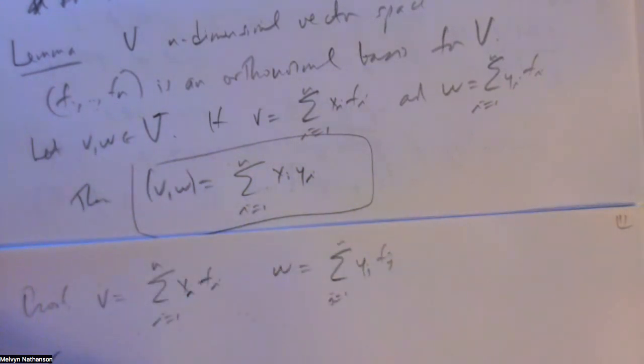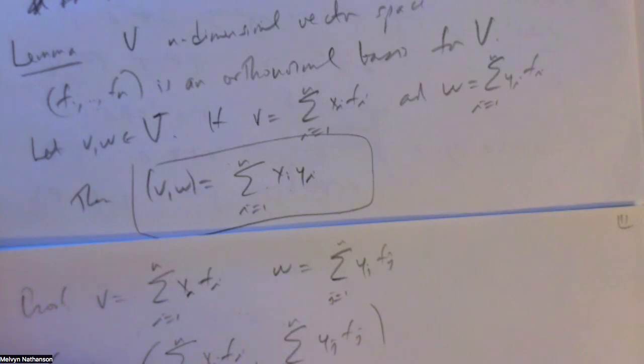So the inner product of v and w is the inner product of summation xi fi, i goes from 1 up to n, with summation yj fj, j goes from 1 up to n. If I expand this just by using bilinearity on the first sum, this is summation i goes from 1 up to n, xi, inner product of fi with summation yj fj.